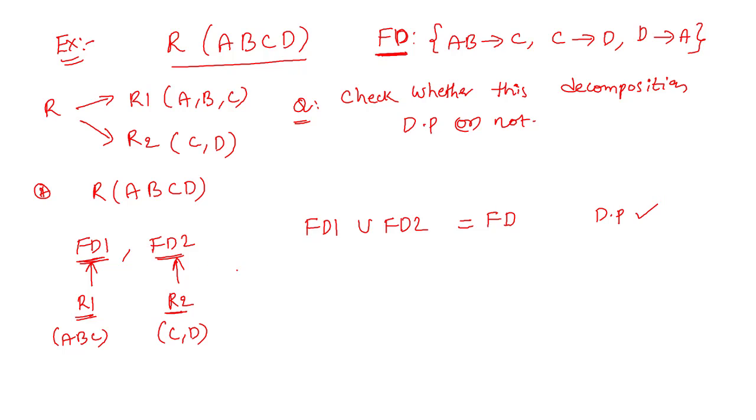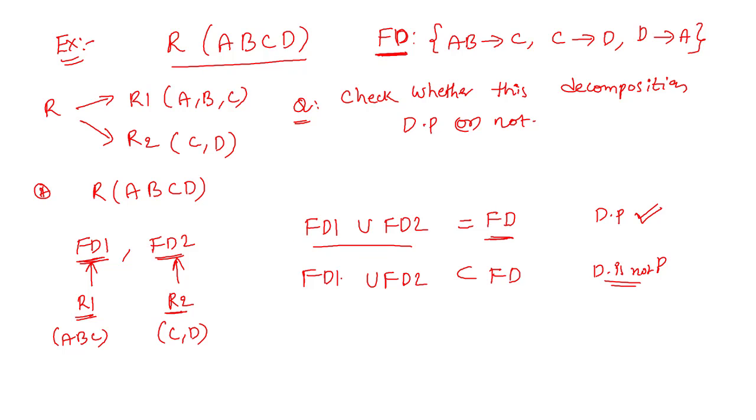Okay, if I get FD1 union FD2 is equal to functional dependency FD, this is for the complete relation, then we can say dependency is preserved. So if I get FD1 union FD2 is a subset of this functional dependency, then we can say dependency is not preserved. Okay, dependency is not preserved.